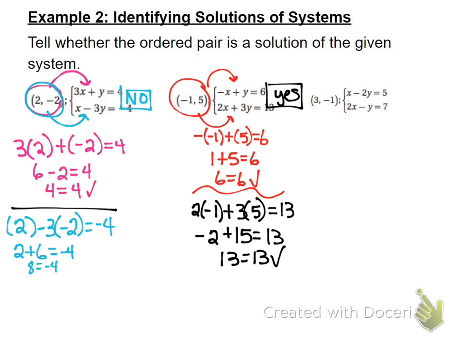Example 3. Maddie? So you would do parentheses 3, then 1, minus parentheses -1. Wait, hold up. So we're going to do our first one right up here, right?